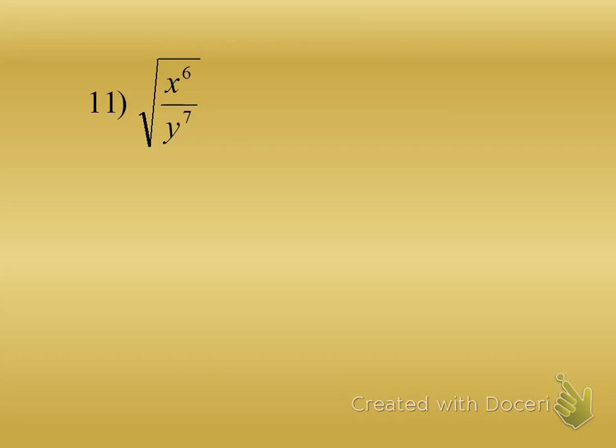All right, so we have the big square root of x to the 6th over y to the 7th. First off, I'm going to write that as two little square roots. That's a legal move. Square root of x to the 6th over square root of y to the 7th. Now, both of those, you can what?